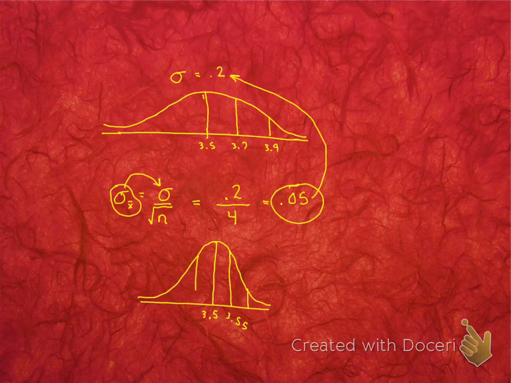And then going to the left of the mean, 3.5 minus 0.05 would give us our first standard deviation to the left at 3.45. Okay, and again, same mean, smaller standard deviation. That's what the central limit theorem tells us. The closer together you've got the standard deviation to the mean, the higher the graph is with the same mean, but your information is more targeted to smaller groups.